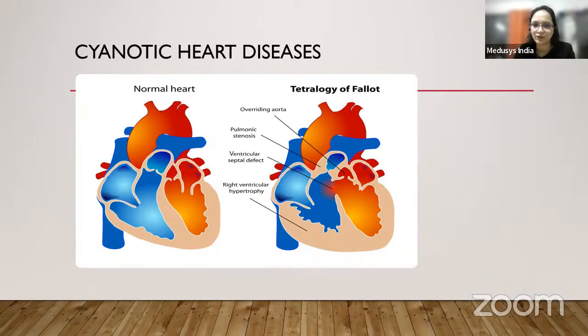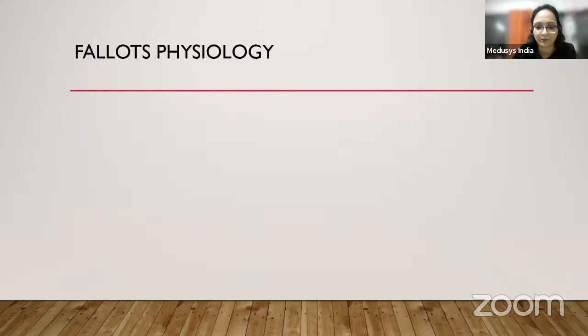So VSD, you said perfectly, RVH, and rather than pulmonic stenosis, it is actually right ventricular outflow tract obstruction. Perfect. And it can be at different levels because it can be infundibular, pulmonic, or subpulmonic, but it is outflow tract obstruction. And the fourth one, you said correctly, there is overriding aorta.